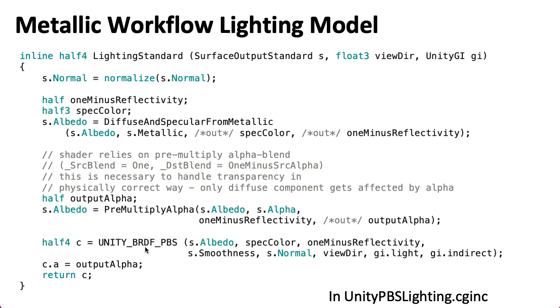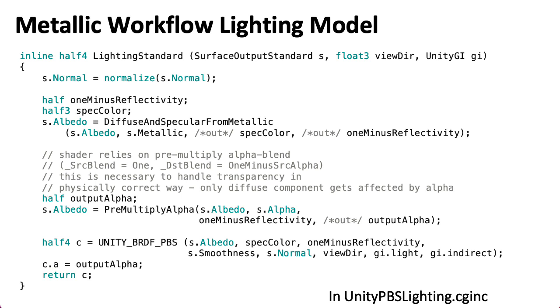Now, this UNITY_BRDF_PBS macro needs an albedo, a specular color, and something called one minus reflectivity. This is a little bit confusing because the albedo is computed from an albedo and a bunch of other stuff. So I think this has to do with the fact that in the metallic workflow, the albedo texture that comes in is not necessarily the albedo.